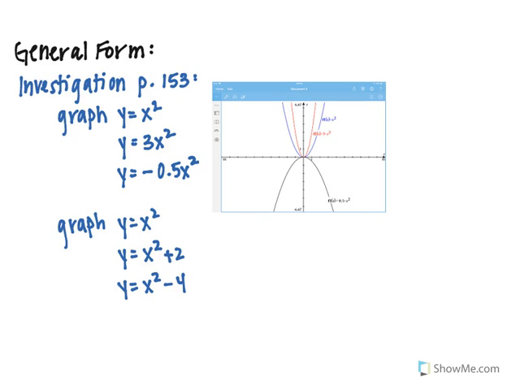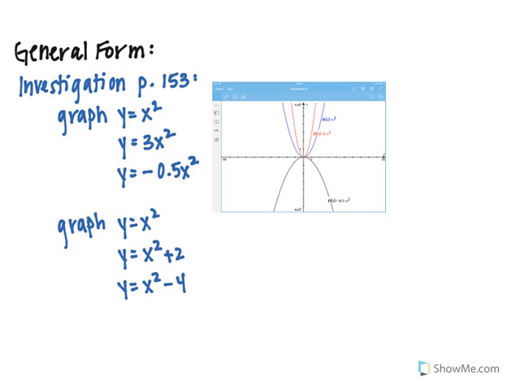So as we can see here, the blue graph right here is our parent function, x squared. And then we have 3x squared and negative 0.5x squared. So as we can see, multiplying a number to our parent function changes the graph a little bit.